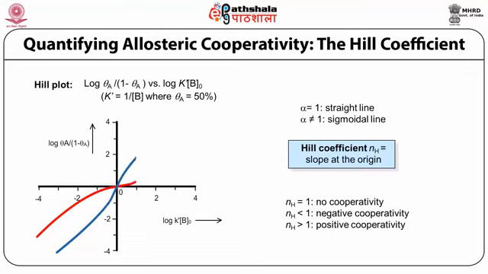This plot is called the Hill plot, and once we plot this, the slope at the origin gives the Hill coefficient. You see the blue trace where eta H is more than 1, which is positive cooperativity, and eta H equals 1 means no cooperativity, like the reference system, and eta H less than 1 is negative cooperativity.